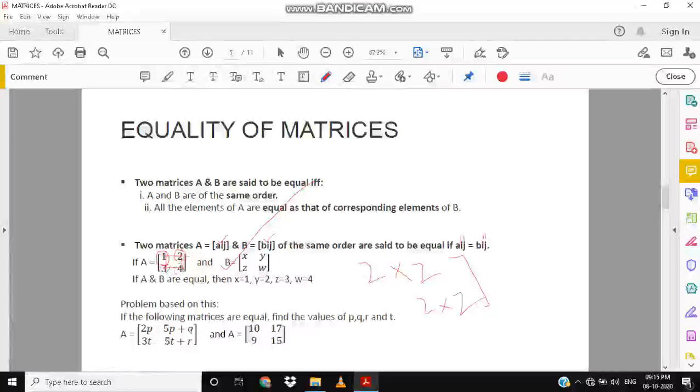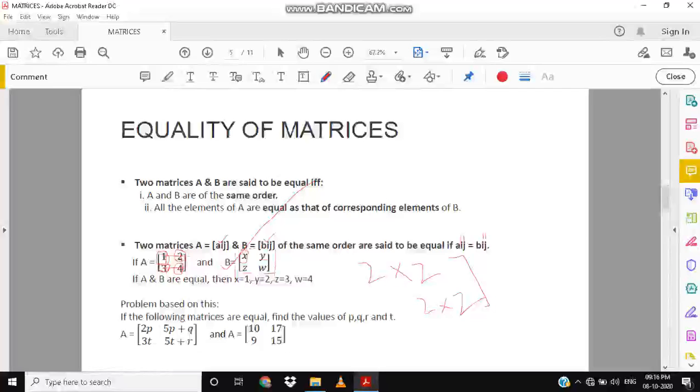Same way we will be calculating for this. What is the element of B for position 1, 1? It's X, then it's Y, then it's Z, and then it's W. Okay. Now we can equate this. Why can we equate this? Because both are 2 cross 2 matrix. So if A and B are equal, then we can calculate the values of X, Y, Z, and W.